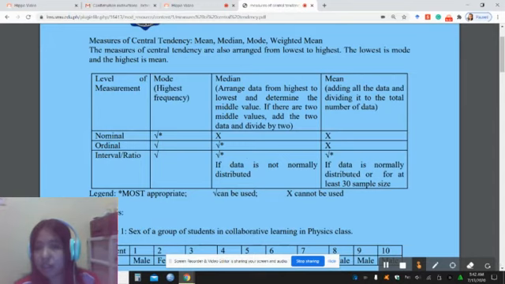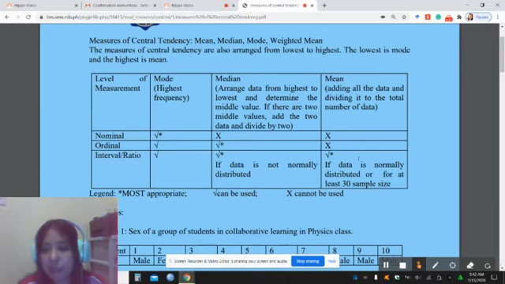While if it is not, then the measure of central tendency that you're going to report is the mean. But by the central limit theorem, even if the data is not normally distributed, if the number of data is at least 30 or more, we can still use the mean.